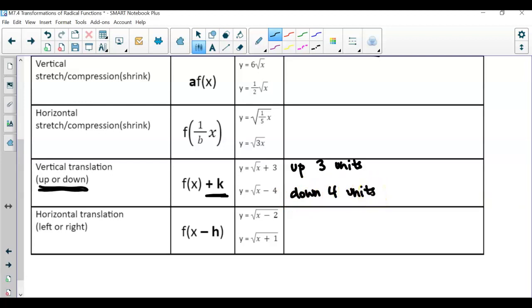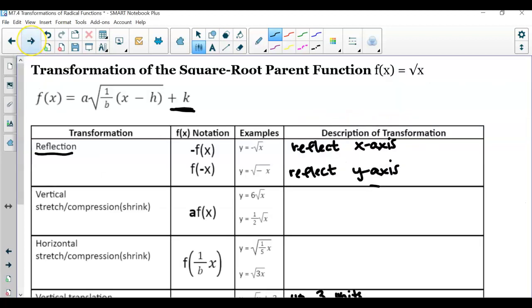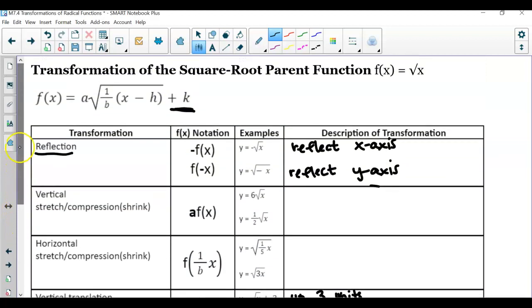So then when it was on the inside, go back to what we talked about here. See how it was x plus 4 on the inside, but we said units to the left. So remember, it's the opposite. When it's on the inside, that is our value of h. That's why it's the opposite, because the original format is x minus the value.